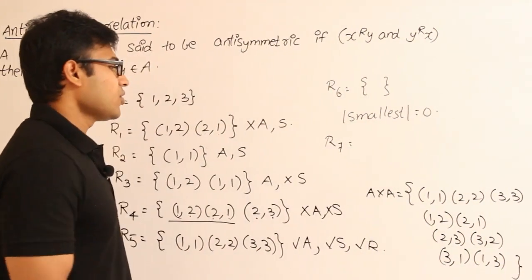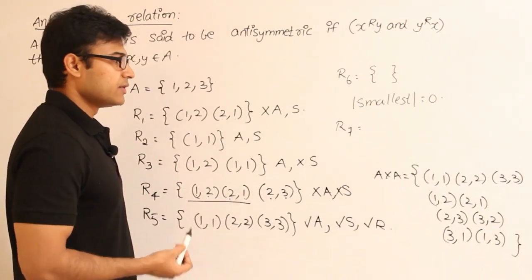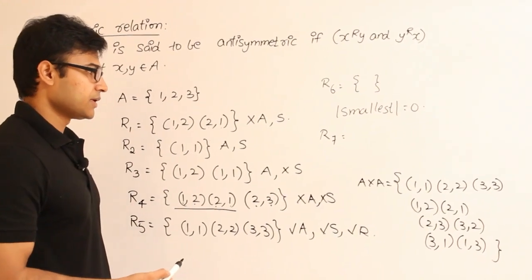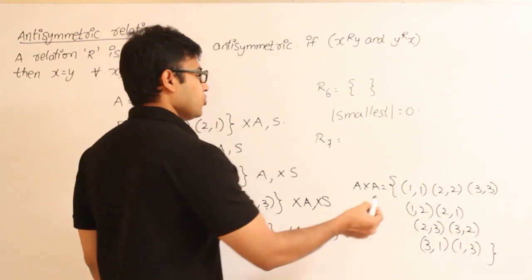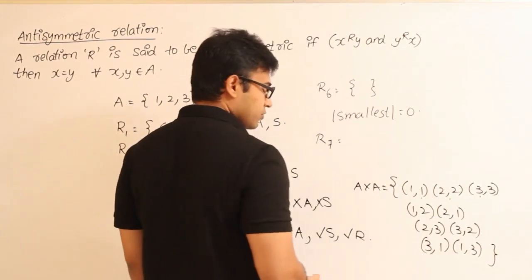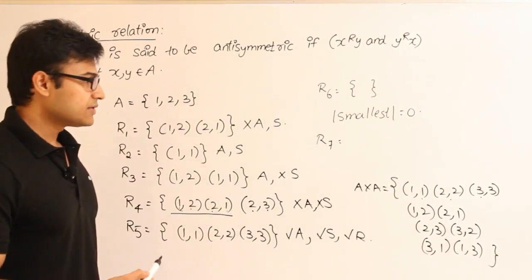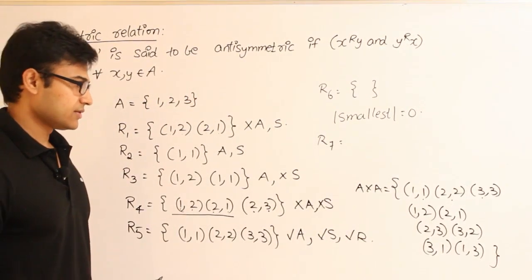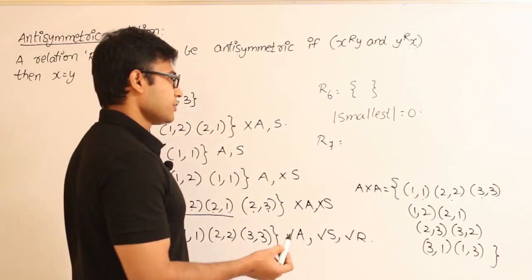Now I want to find out the largest relation which is antisymmetric. What can you say about the inclusion of these diagonal elements? If I include these diagonal elements, is the relation still going to be antisymmetric? Yes. So they are allowed in an antisymmetric relation.